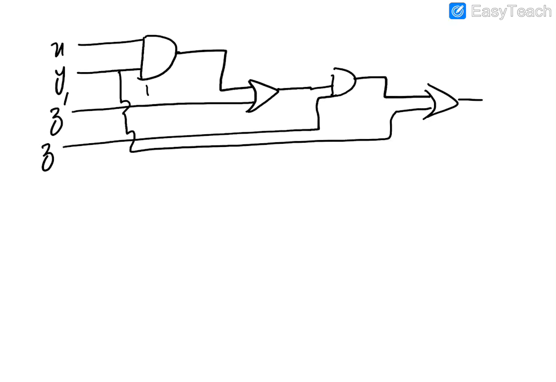You can see in this circuit we have basically 3 inputs x, y, z and only one output. Let's say it is f.